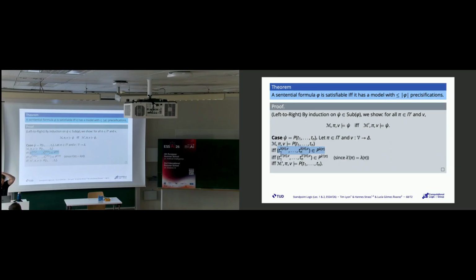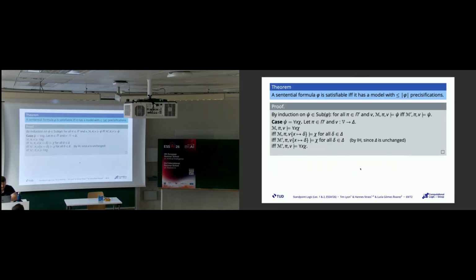Now, since lambda prime is the same thing as lambda restricted to pi prime, these two clauses are equivalent to each other. And by the semantics, it follows that this atomic formula is also true on the new pruned model as well. Okay?